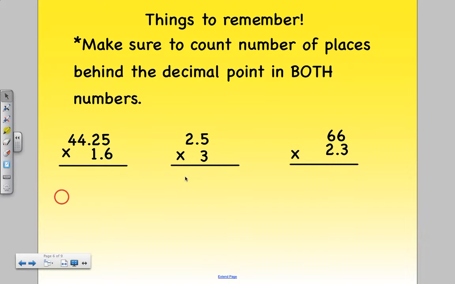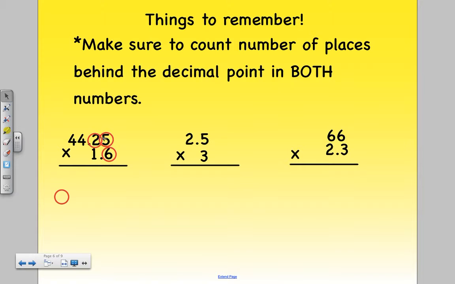Okay. Let's talk about some things to remember. Make sure to count the number of places behind the decimal point in both of the numbers in your problem. Okay, so let's take a look at these examples. If I'm counting the decimal places in this problem here, I'm going to count 1, 2, 3.